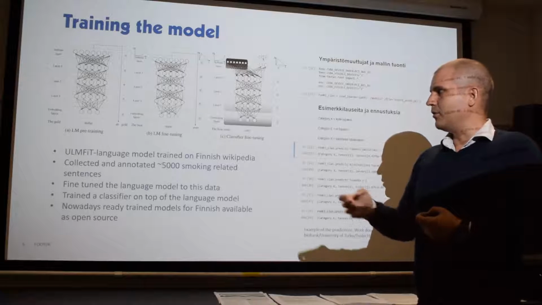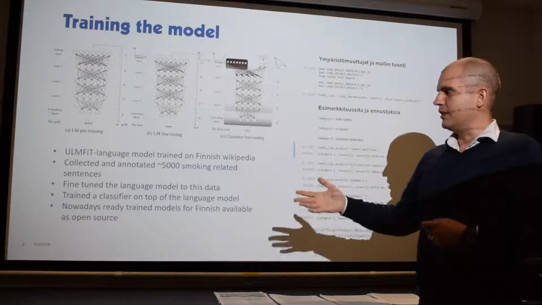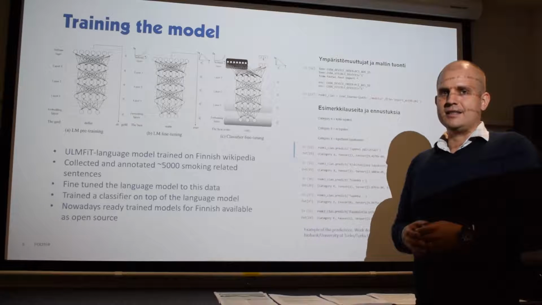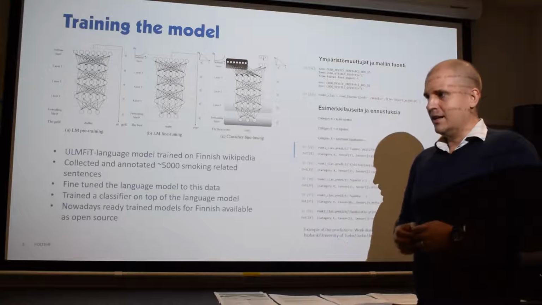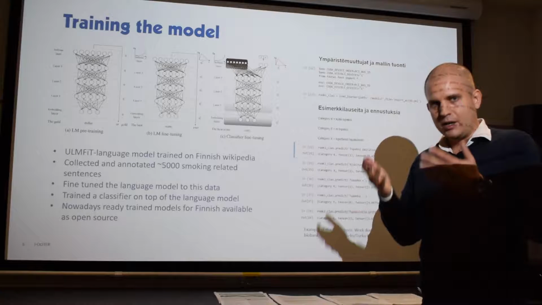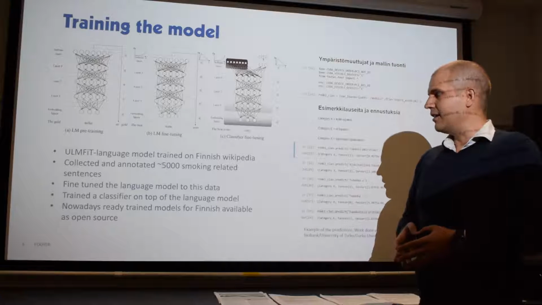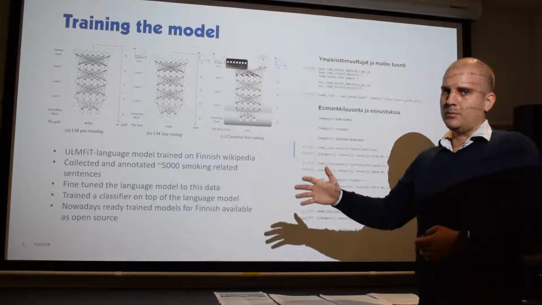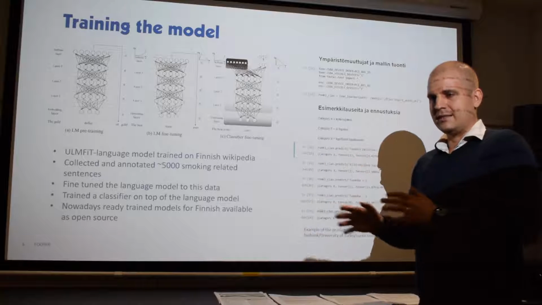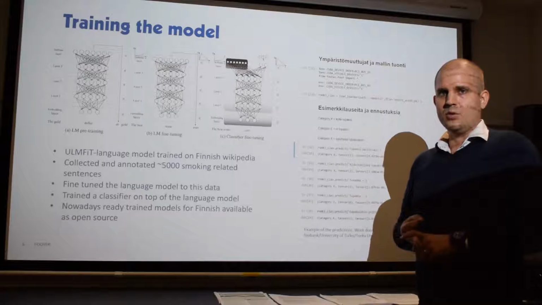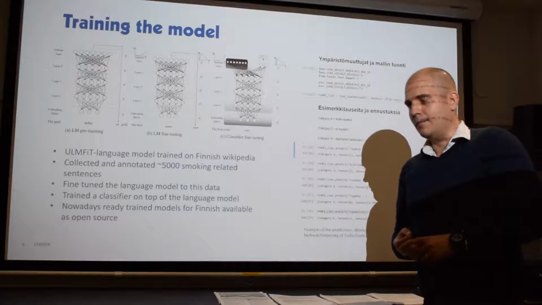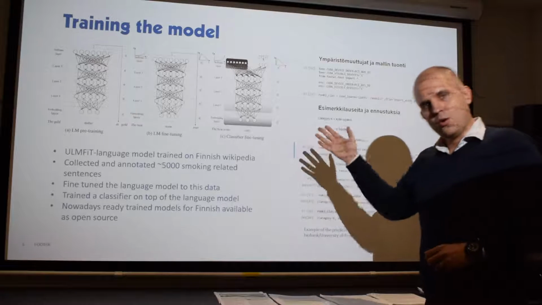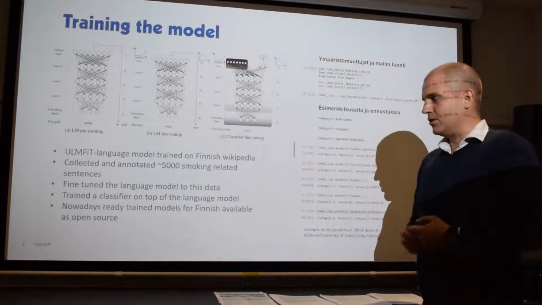After that, we fine-tuned this model on these particular smoking-related sentences that we had manually annotated, to show what the language looks like in this particular context. And then we trained a classifier on top of that to classify these sentences into yes, no, or quit smoking classes.